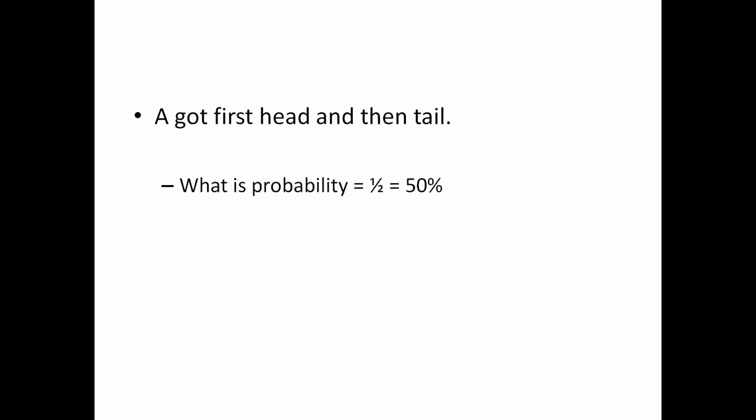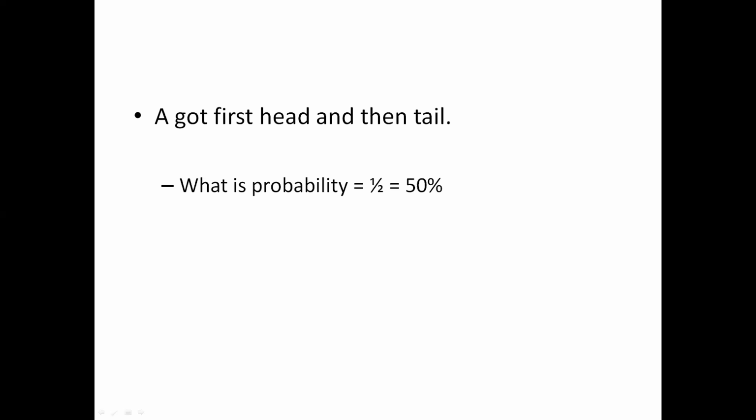Suppose A got a first head and after that a tail. What is the probability of getting one head? Suppose we toss the coin and we just got a head and then the tail. What is the probability?